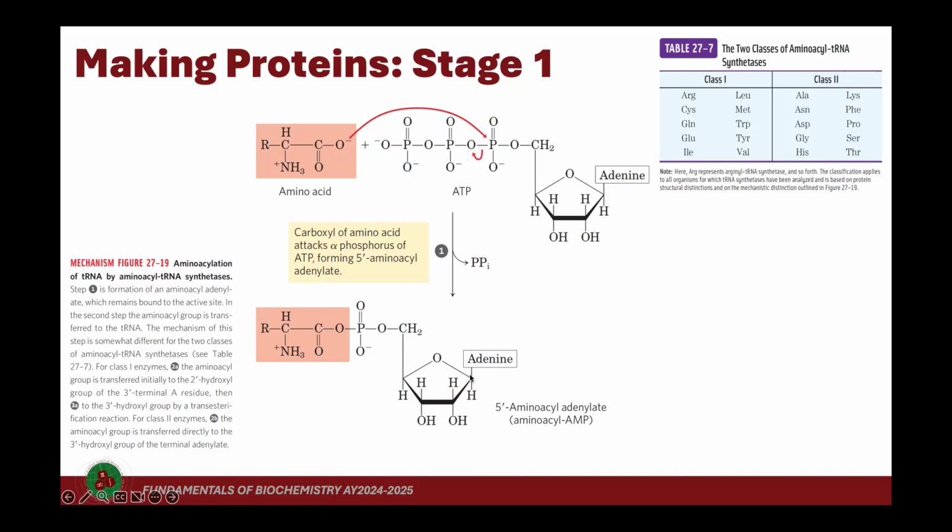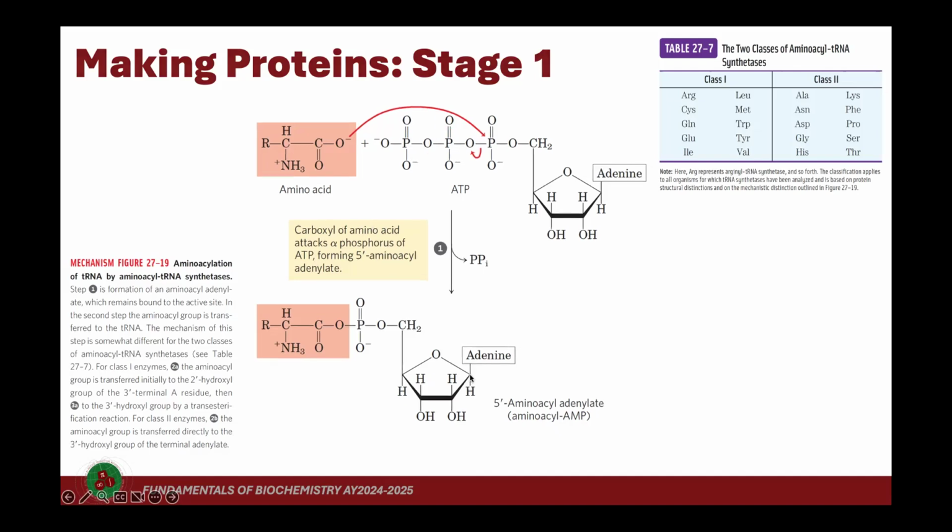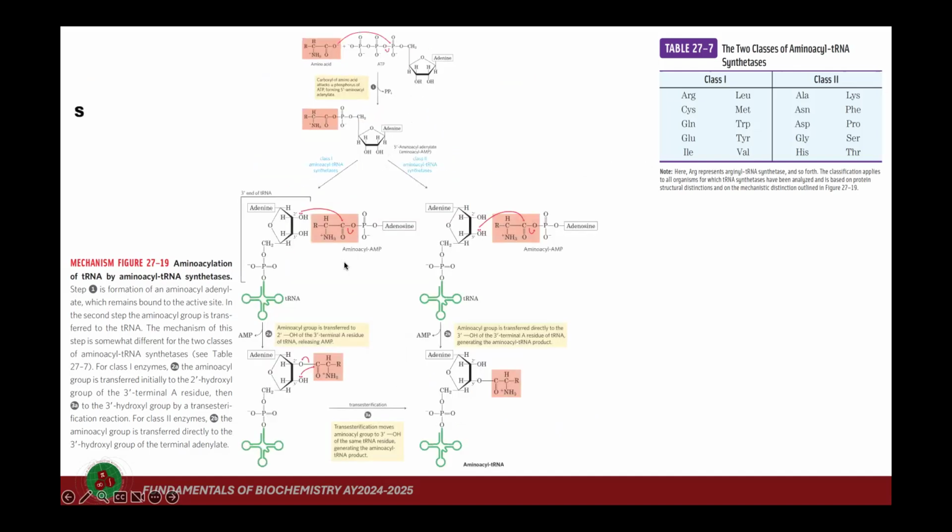From this, it traverses to a second active site in the synthetase. In this active site, that's when the amino acid gets attached to the tRNA. It is attached to the 3' terminal nucleotide of your tRNA, which is an A, so it's an adenosine.